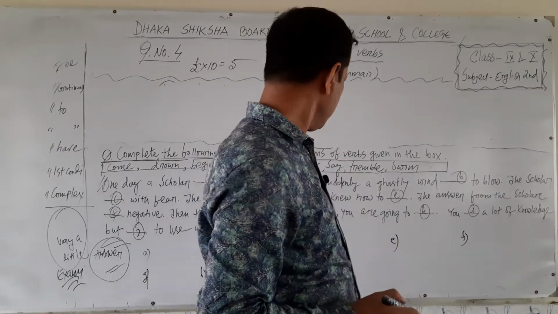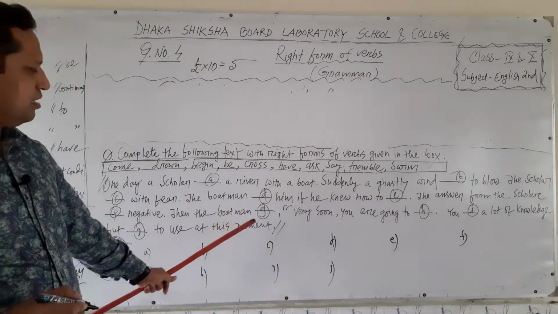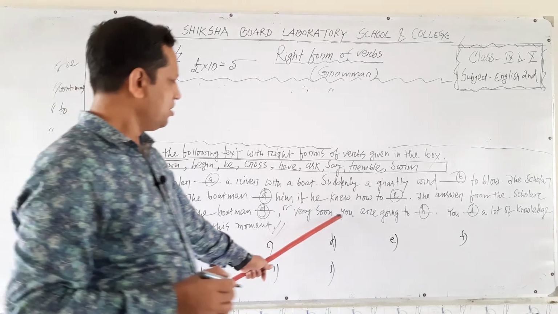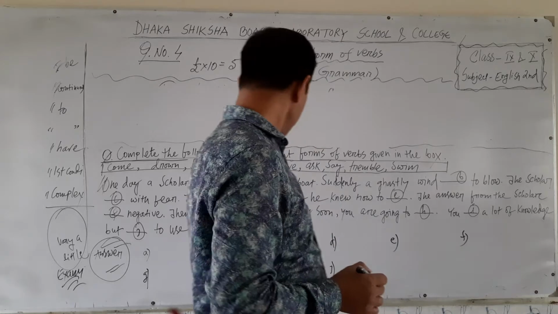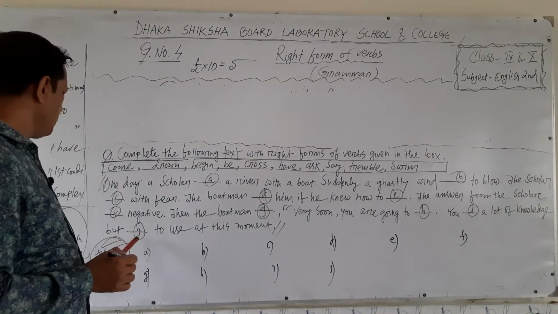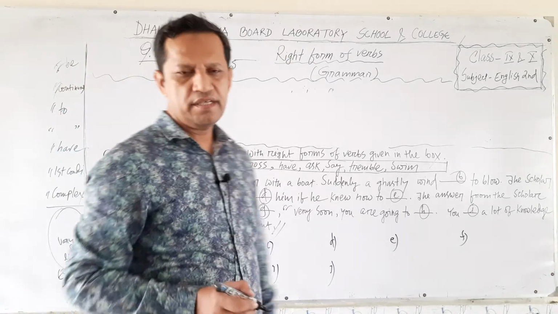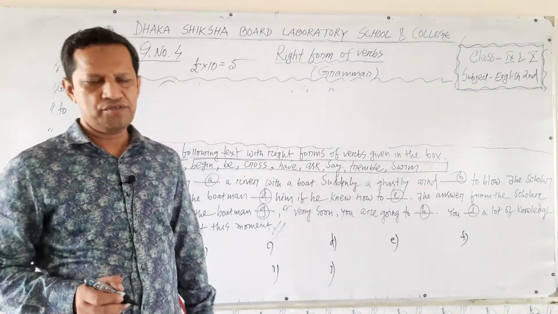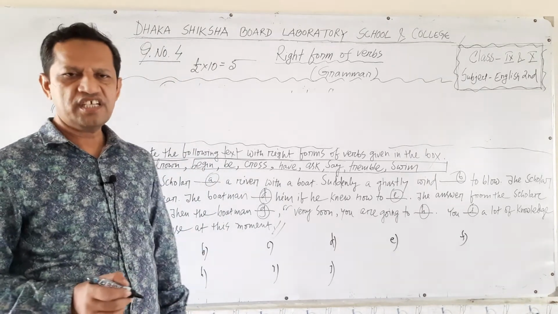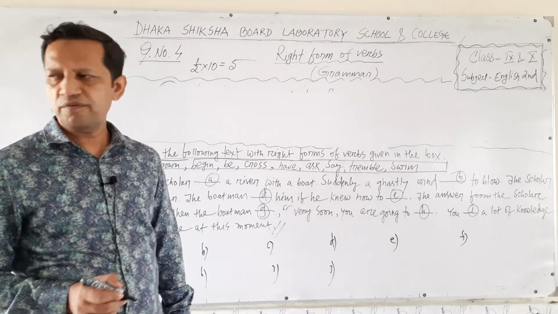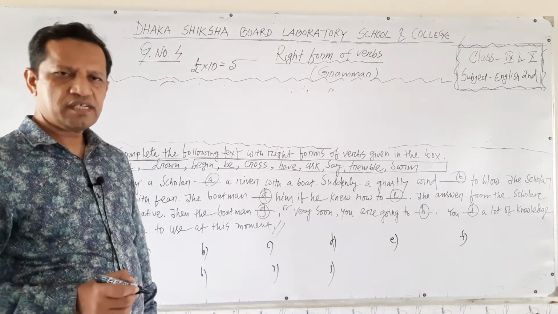The answer from the scholar was negative, then the boatman said, "Very soon you are going to drown. You have a lot of knowledge, but it will not come to use at this moment." This is the passage, and at the very beginning I would like to tell you that you have to realize the meaning of the passage. If you can, then it will be better for writing the answer correctly.